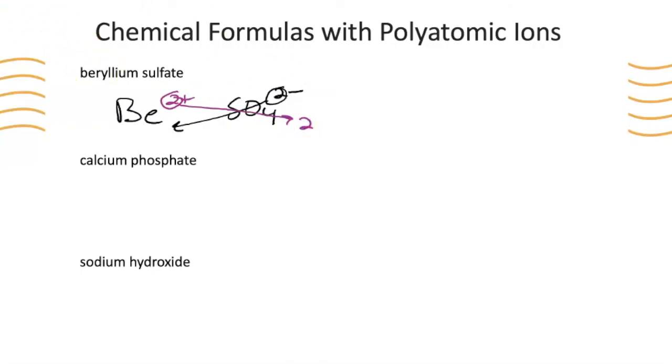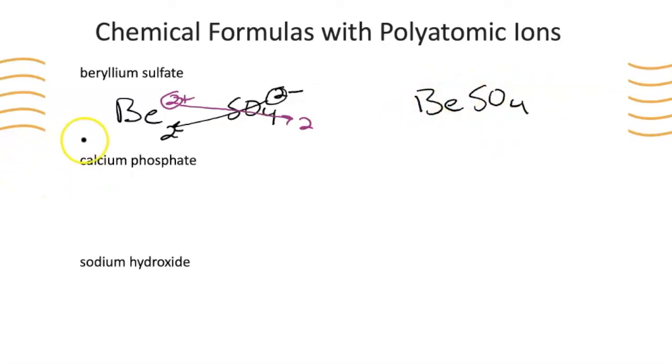When both of our subscripts are the same, then we can simply write it without the subscripts. You will still include the 4 for a sulfate because that is part of the sulfate polyatomic ion. This is one full unit for this polyatomic ion for every beryllium.